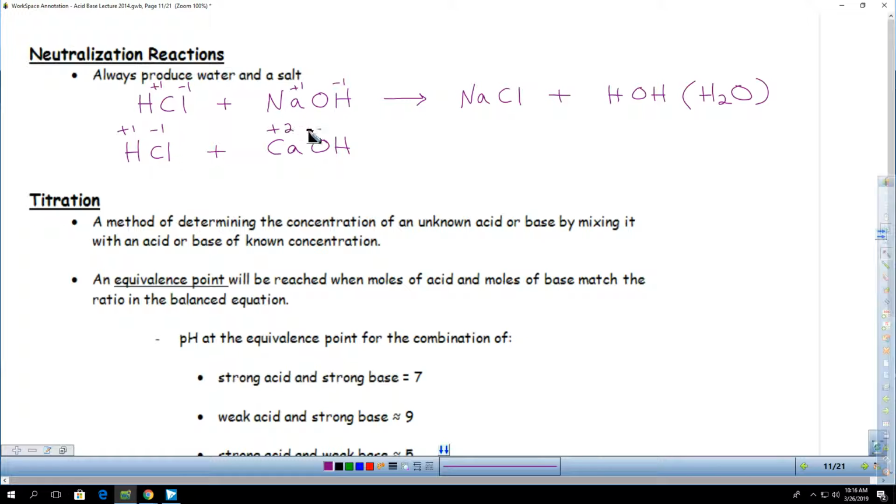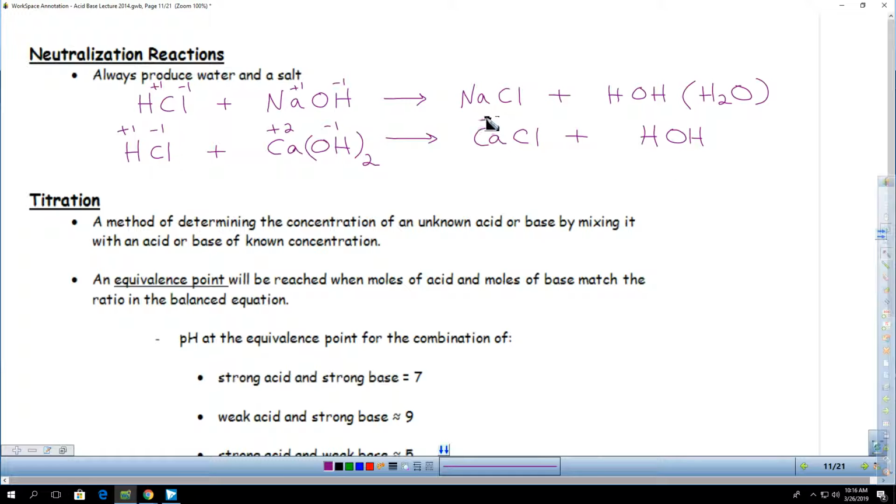Calcium is a plus two, minus one. I would need two hydroxide. It's still an acid, it's still a base, it's still a double replacement, but now I would get calcium with chlorine and hydrogen with hydroxide.